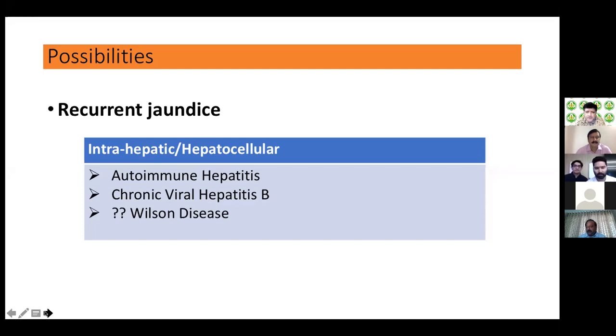Other clinical scenarios where KF rings would be present are other cholestatic liver diseases like PSC, or chronic liver disease patients can also have KF rings.